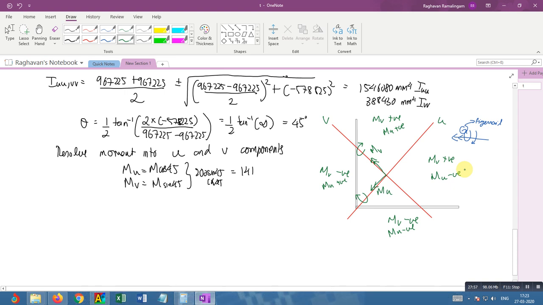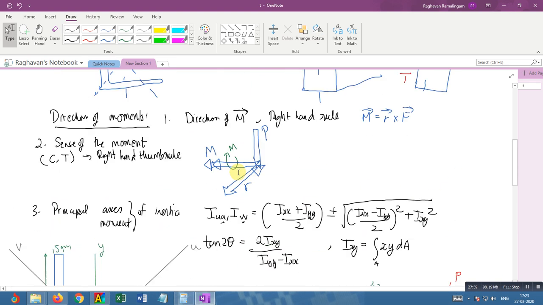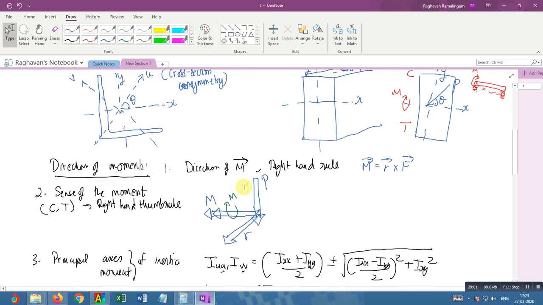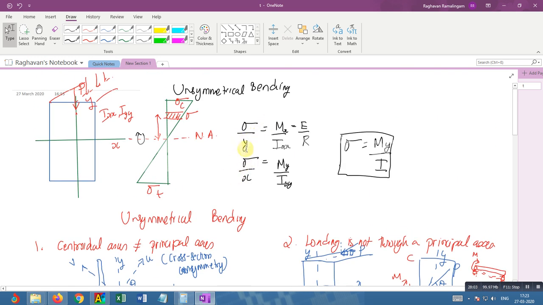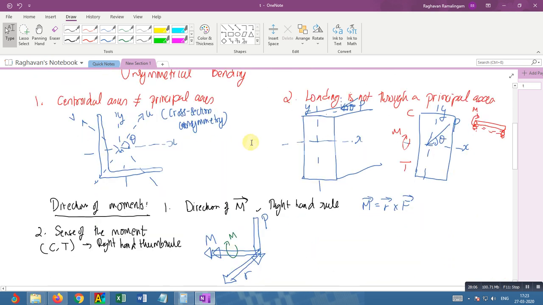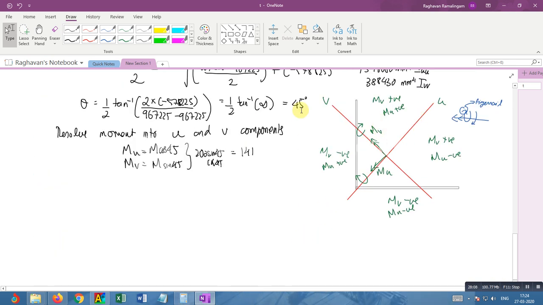Okay, so this is what I need. Next thing that I need is, if you look at this, this formula is in terms of the centroidal coordinates y and x. You are no longer dealing with y and x coordinates. You are dealing with u and v coordinates. So you have to transform your coordinates from xy to uv.